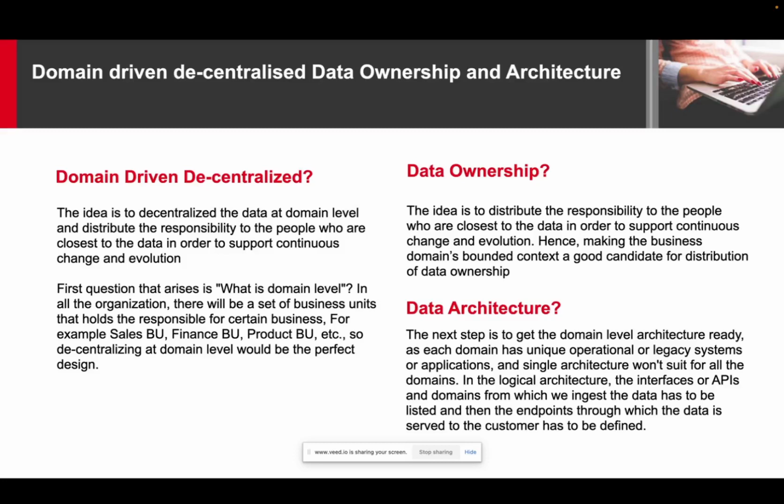They deal with a set of business activities in that organization. If you take a manufacturing unit, some of them are product, then sales BU or finance BU. So these are the business units of an organization.